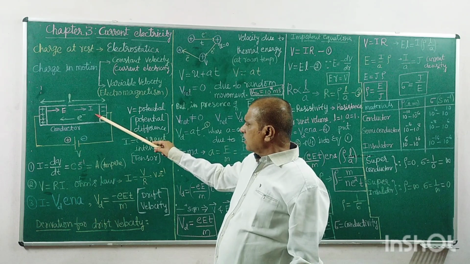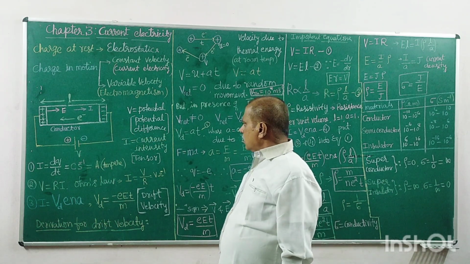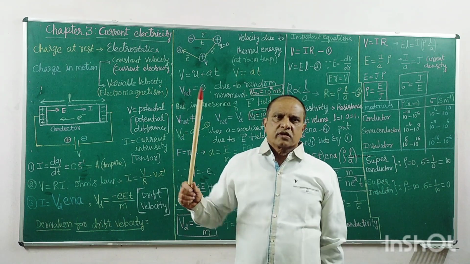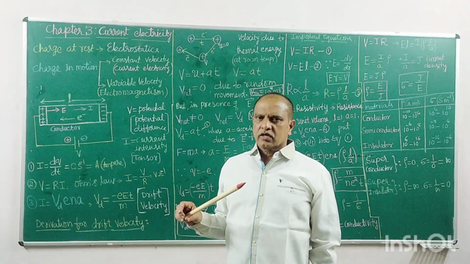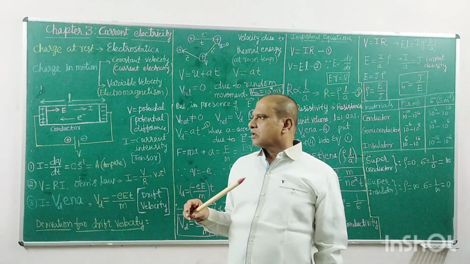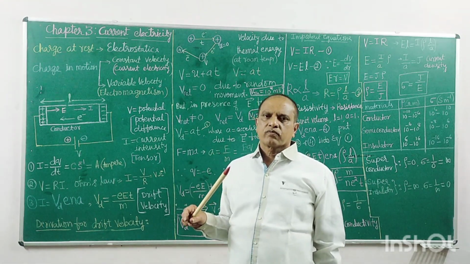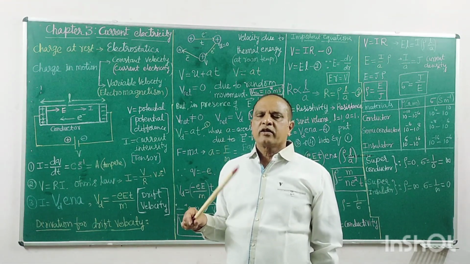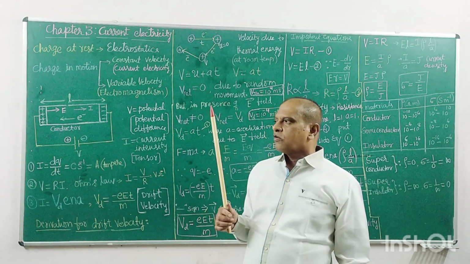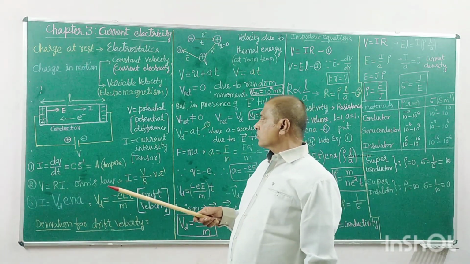About this electric current, as you know, it has both magnitude and direction. But one thing is clear: electric current does not obey the law of vector addition.